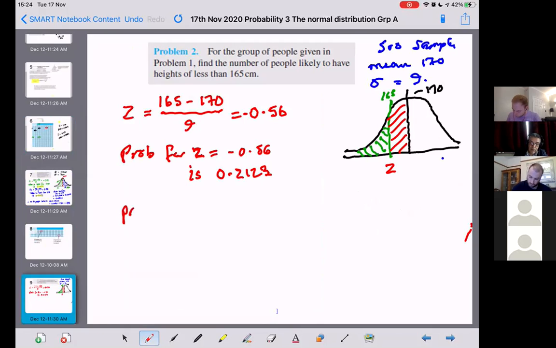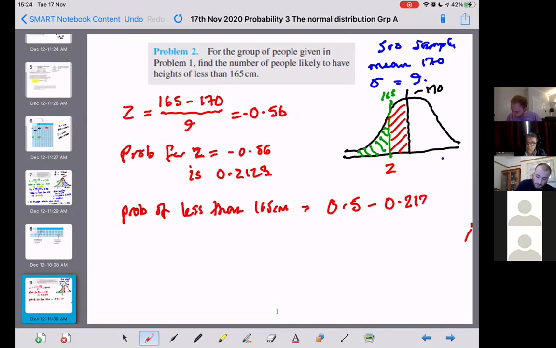So the probability of less than 165 centimeters equals 0.5 minus 0.2123.